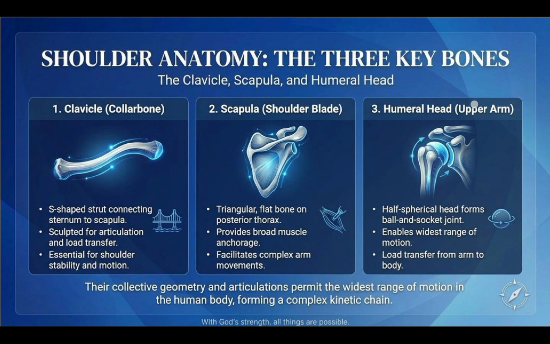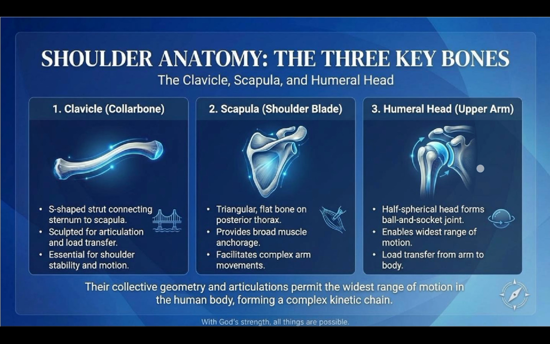The ball and socket joint you're talking about is the shoulder joint, whose anatomical name is the glenohumeral joint. It is formed by the articulation of the head of the humerus with the glenoid cavity of the scapula. This is the glenoid cavity of the scapula.